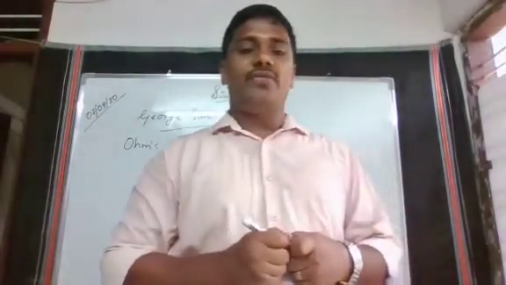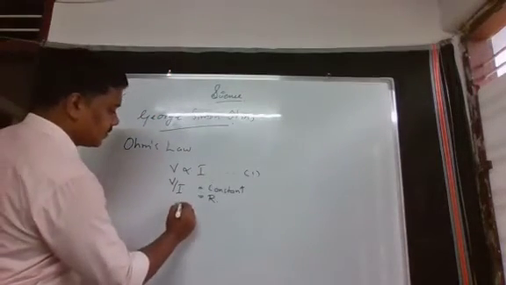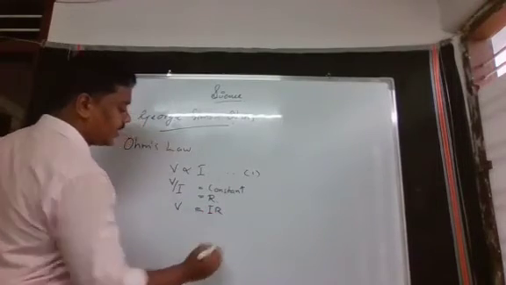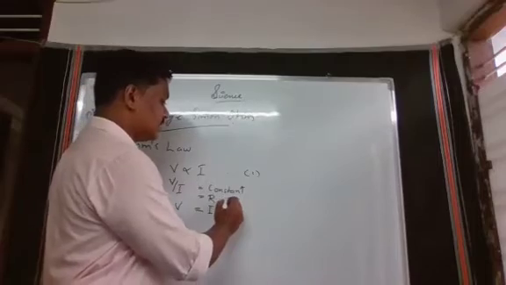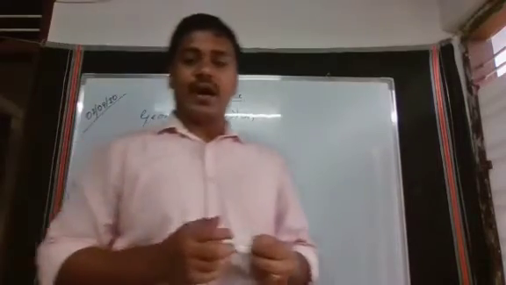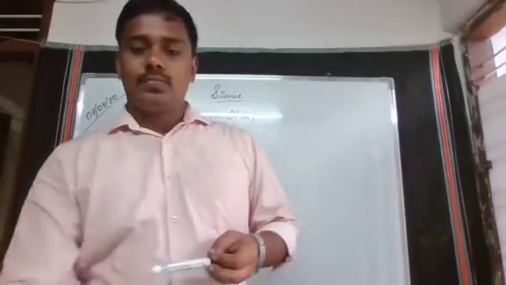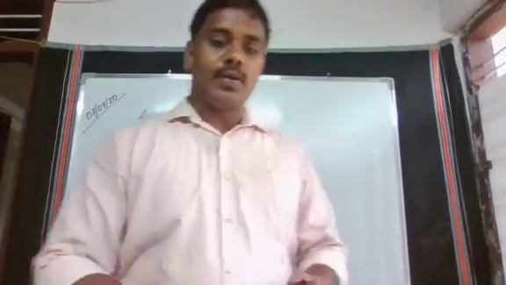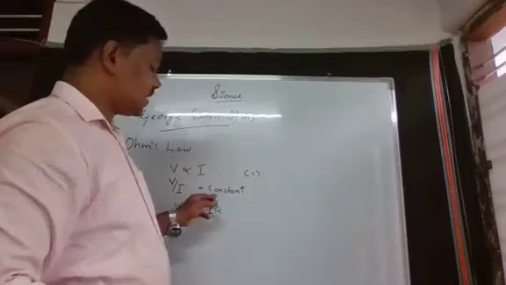The potential difference V is equal to I into R, current into R. In this equation R is the constant, which is nothing but the resistance.